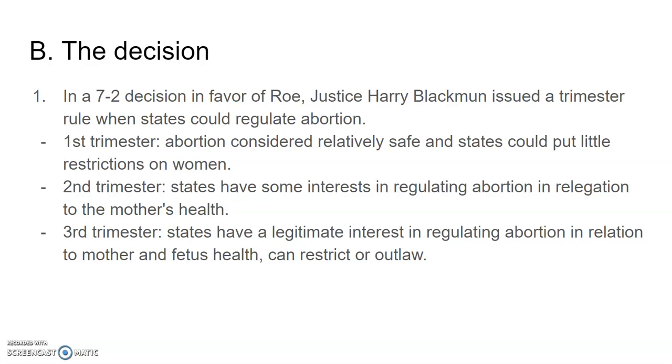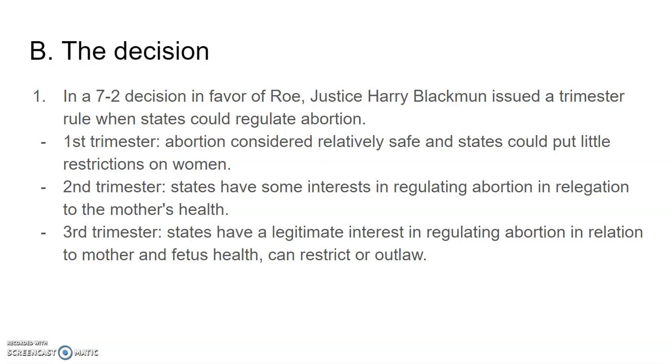There were several Republican appointees in the decision, including Harry Blackmun, the justice who wrote the decision. He was a Nixon appointee. And one of the two dissenting opinions was from a Kennedy appointee, along with Democrat appointees. So it's an interesting decision in that it was not Republican versus Democrat appointees.